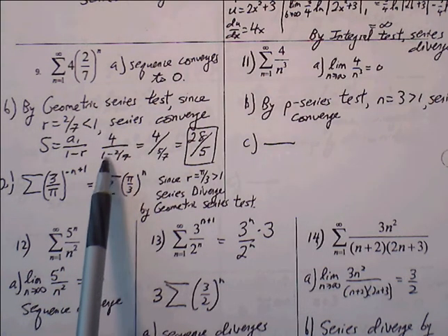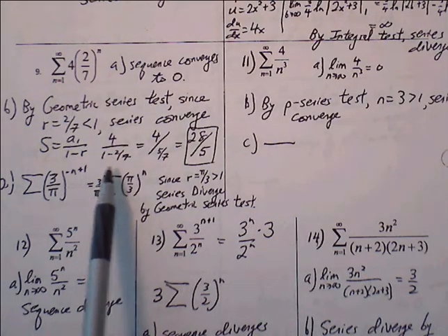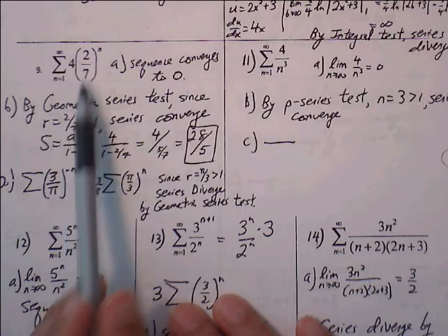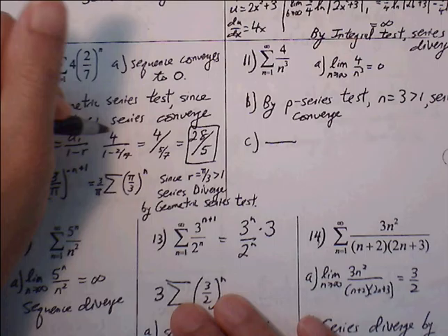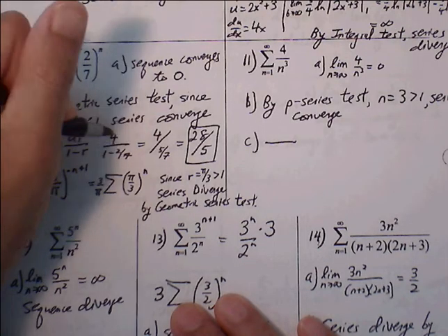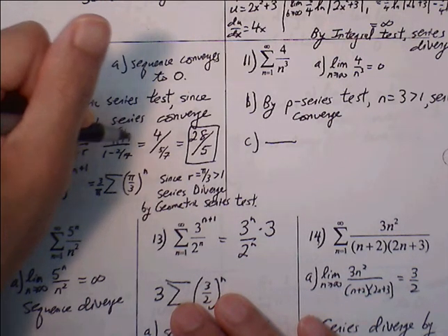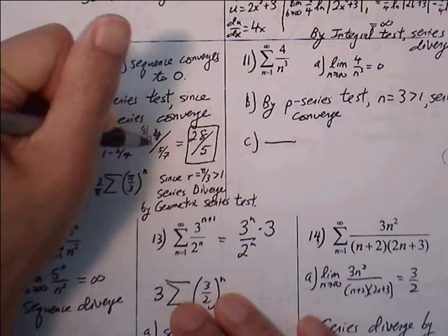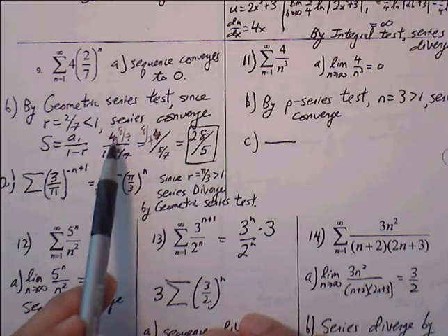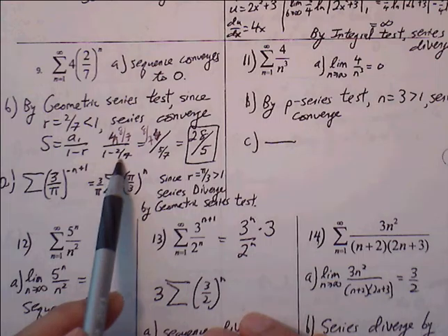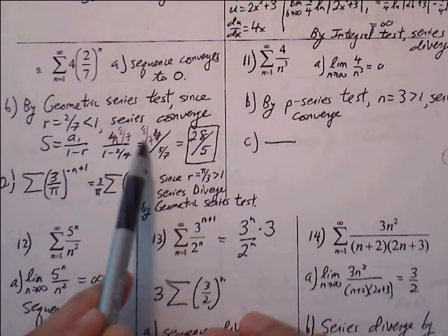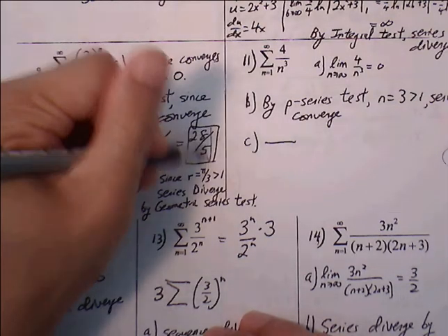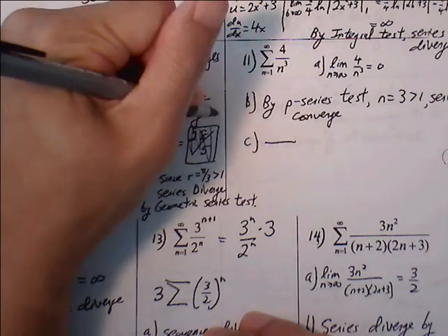So we get 8/7 over 1 minus 2/7. 1 minus 2/7 is 5/7. So 8/7 over 5/7, the 7's cancel out. It should be 8/5. So the series converges to 8/5.